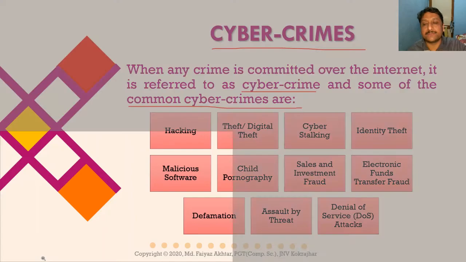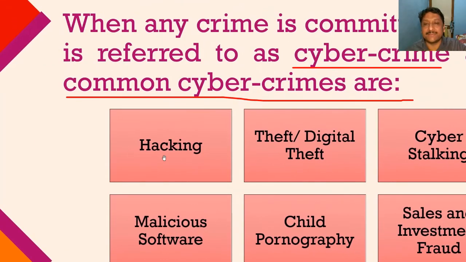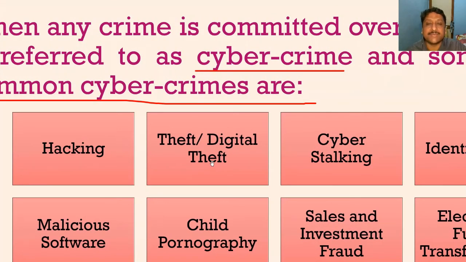First one is hacking. Hacking is a crime if the hacker uses the information for gaining money or any other type of facilities, then hacking is a cyber crime. Then next is digital theft.